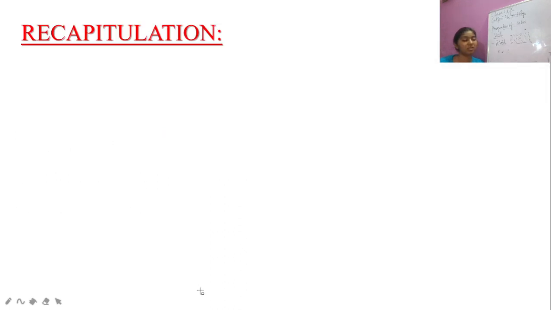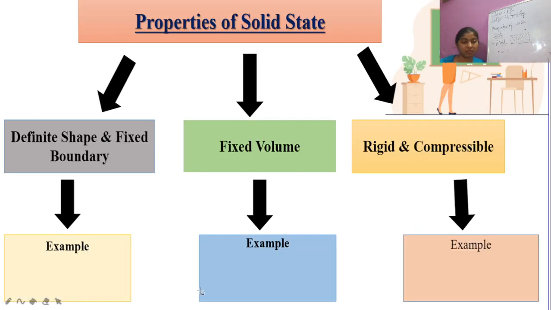Okay, so students, let's recap what we have discussed today. We have discussed the properties of the solid state, in which we discussed definite shape and fixed boundaries. Like the scale, solids have definite shape and distinct fixed boundaries, right? If I talk about fixed volume, so this is also a fixed shape, fixed boundaries, and fixed volume.